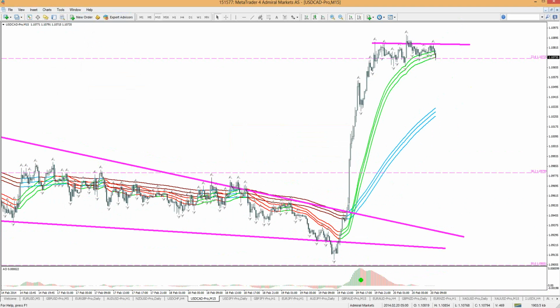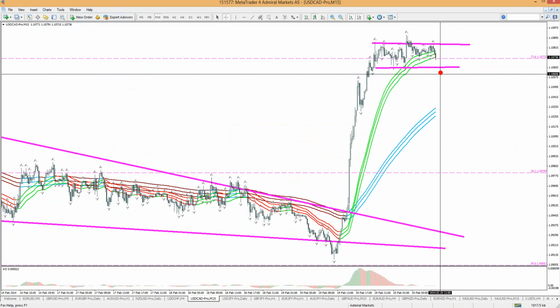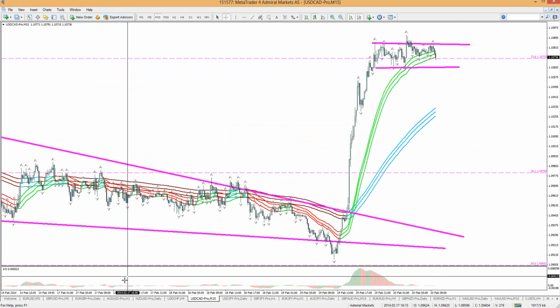We don't have any divergence, obviously, because this is just one thrust up. So I wouldn't expect much of a retracement, maybe max to this bottom, although we never know. I wouldn't necessarily take a trade at the bottom here. I would rather wait for the break of this top line. So let's see when that happens.